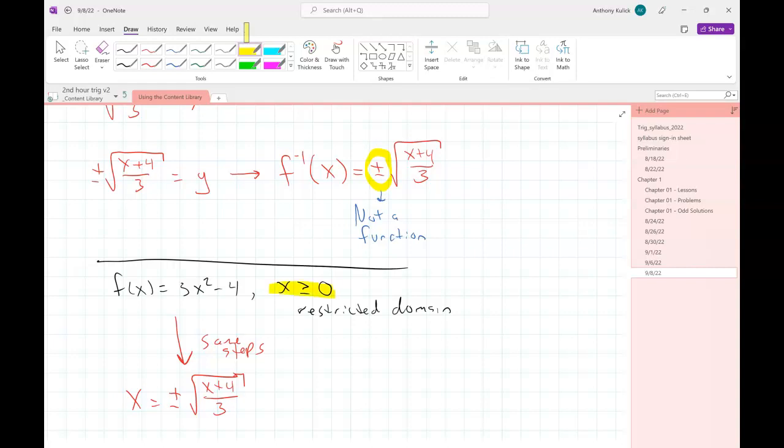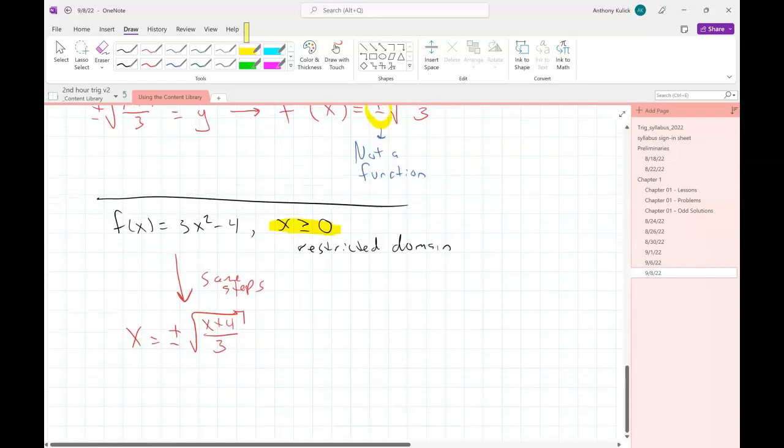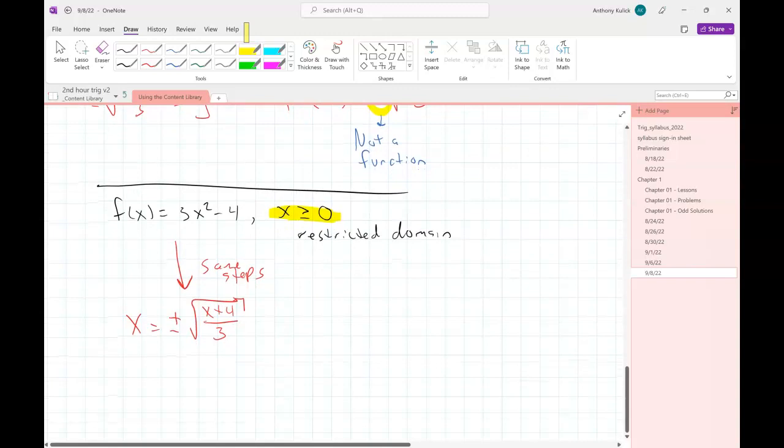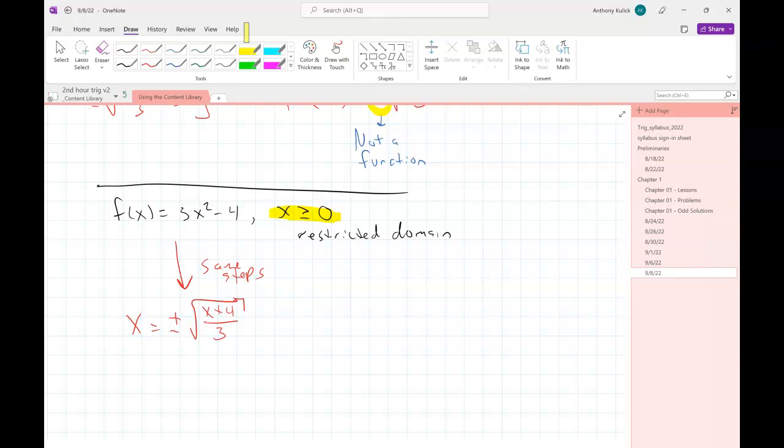Now, because I know that x has to be greater than or equal to 0, what can I do? We have the equation x equals plus or minus the square root of x plus 4 over 3. Because I have x being greater than 0, what can I get rid of?